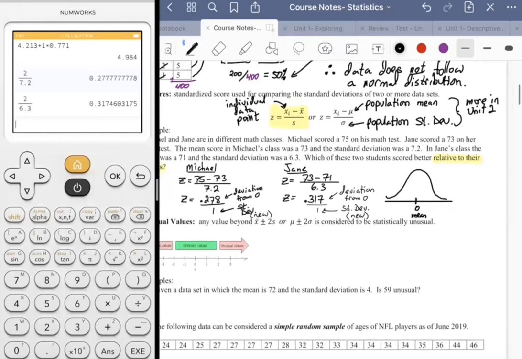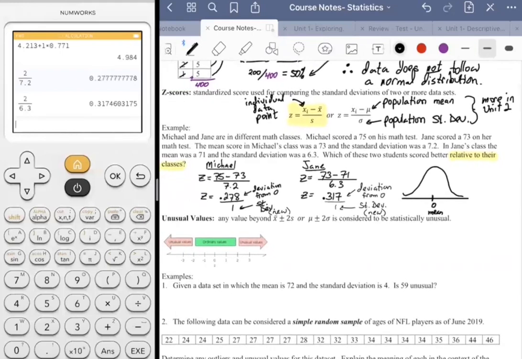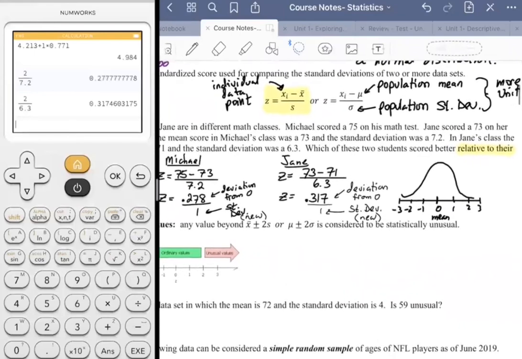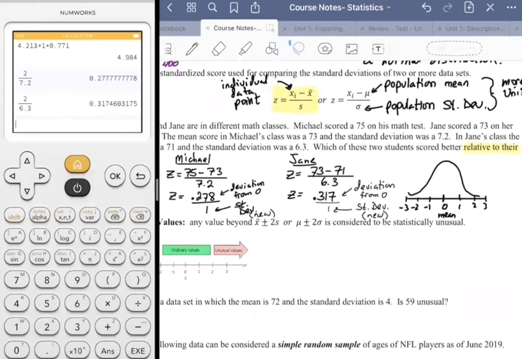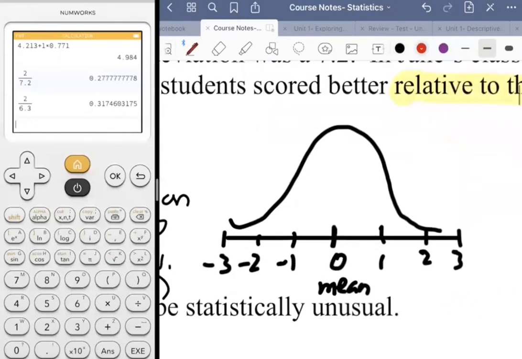All right. So if I go out 1, 2, 3 units in each direction, just like an ordinary number line, I can actually now plot these 2 pieces of information on the same graph. So 0.278, I mean, they're going to be really close, but 0.278, I'll put right here.